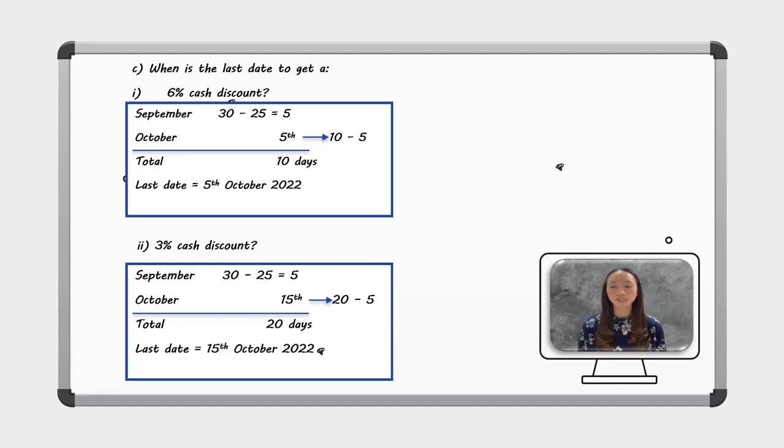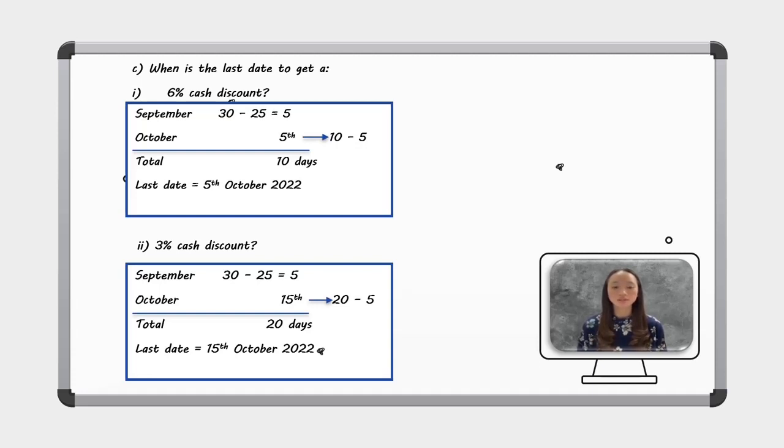Question 2C1. The question is when is the last date to get a 6% cash discount? Since Elite Sport Company received item on 25th September 2022 and total days for 6% cash discount is 10 days. To solve this question, as we know, September only have 30 days in a month.